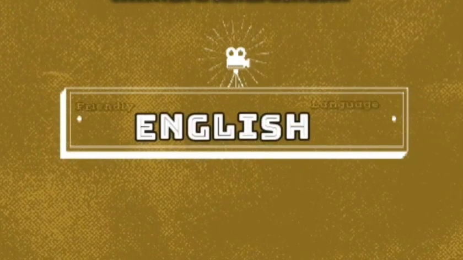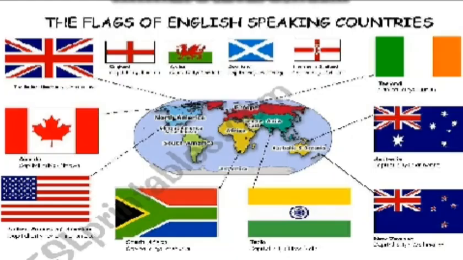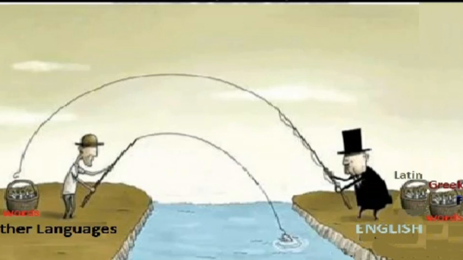I guess you know that English is an international language, right? Yes, because our English language is spoken by many people all over the world. Now look at this picture, my dear children.